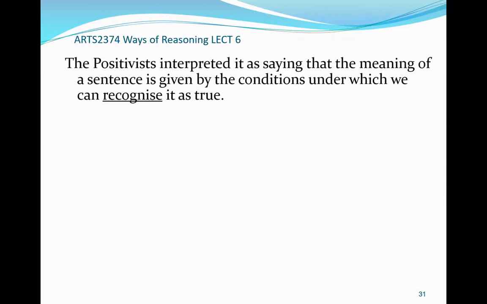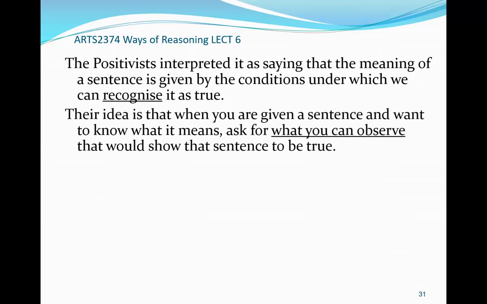The positivists interpret it as saying that the meaning of a sentence is the conditions under which we can recognize it as true. The idea they had was that if you're given a sentence and want to know what it means, the thing to do is to ask what you can observe that will show you that the sentence is true.